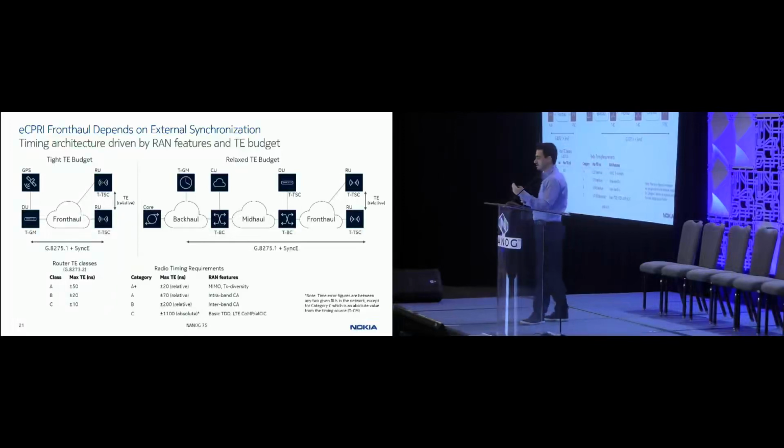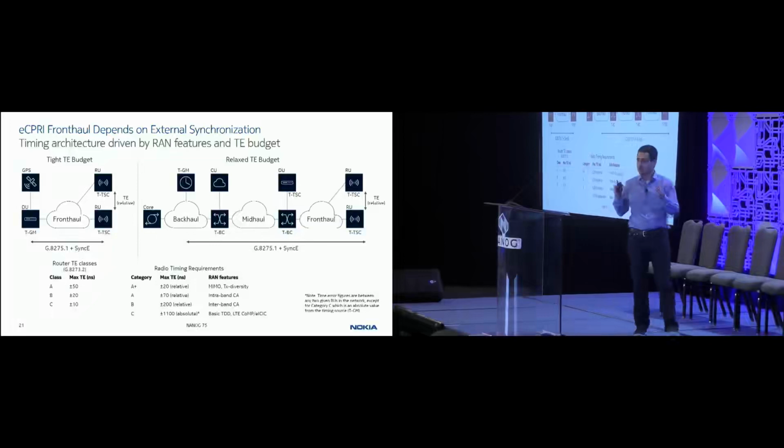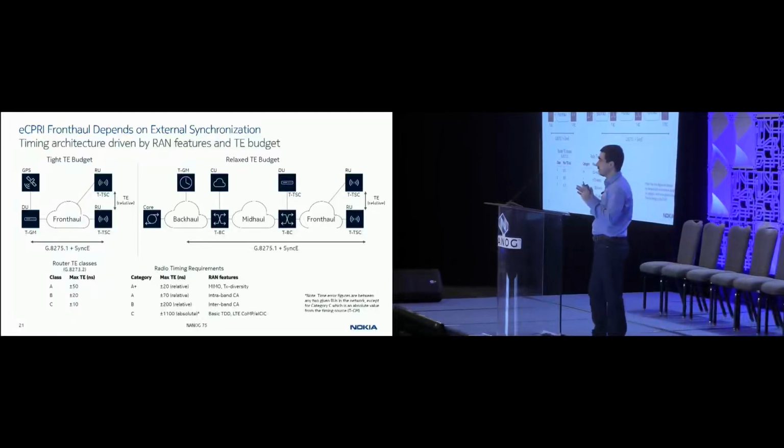This is named category C, by the way. But if you go to more advanced scenarios like carrier aggregation, which is the technique where you use multiple carriers or multiple radios to serve a single cell phone. If you do interband, that's two different radios in different bands. Intraband, it's two different radios in the same band, in the same spectrum. As you move across those more advanced features that require more coordination between these radios, the maximum admissible time error lowers.